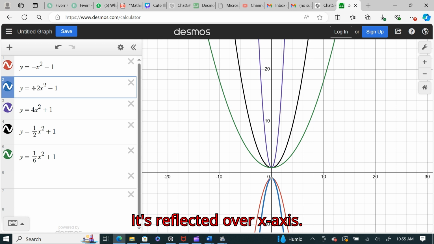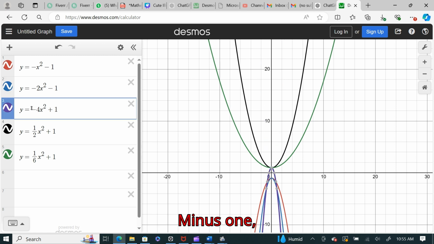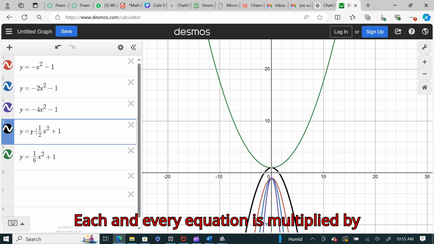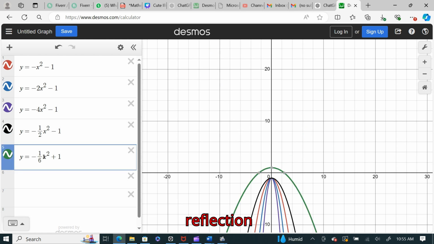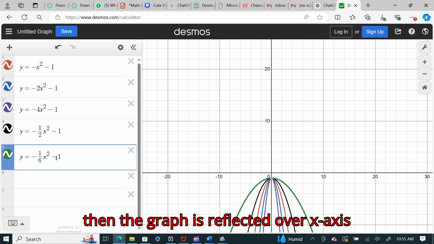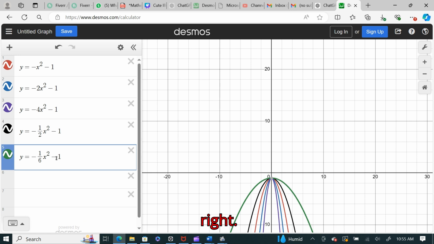It's reflected over the x-axis. So each and every equation is multiplied by -1. Then we get the reflection. Then the graph is reflected over the x-axis, right?